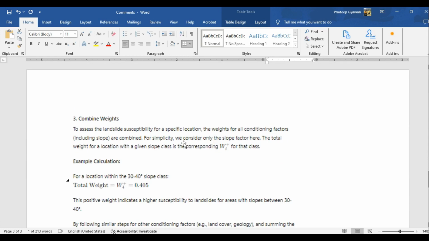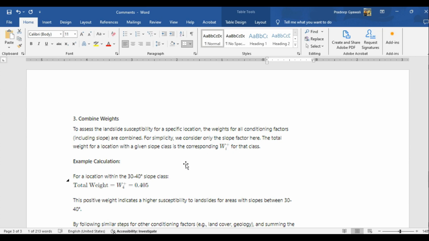Okay, now I am going to combine these weights. For landslide susceptibility at a specific location, the weights for all the conditioning factors, including slope and many more factors, are combined.